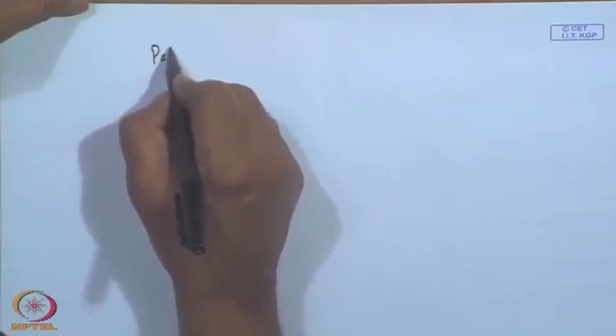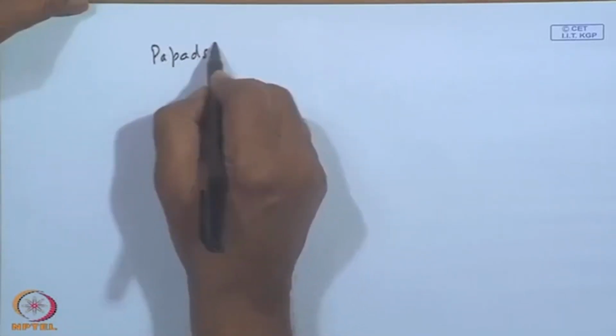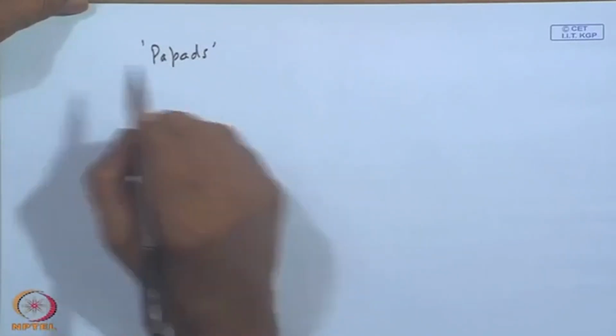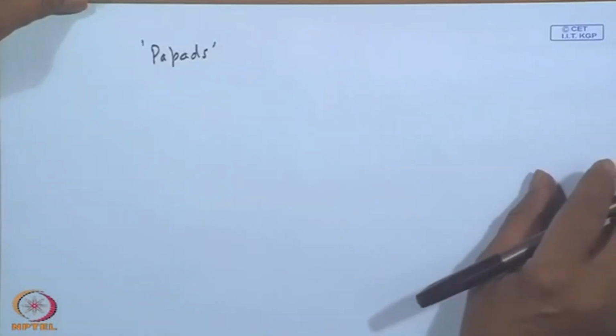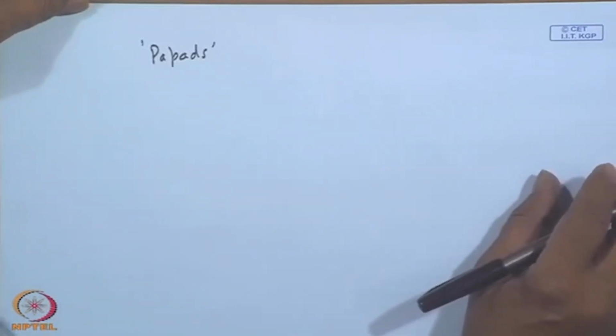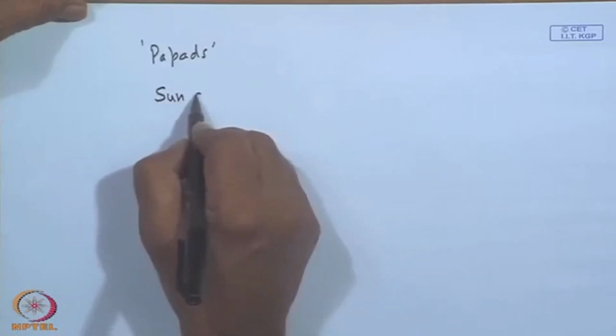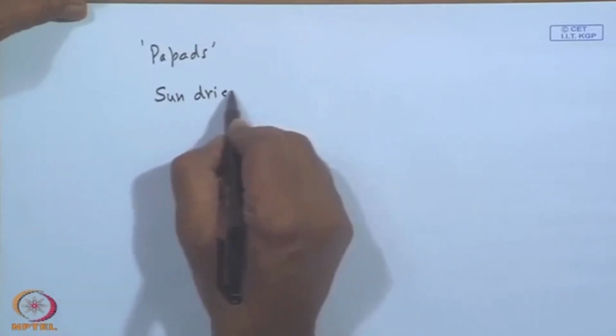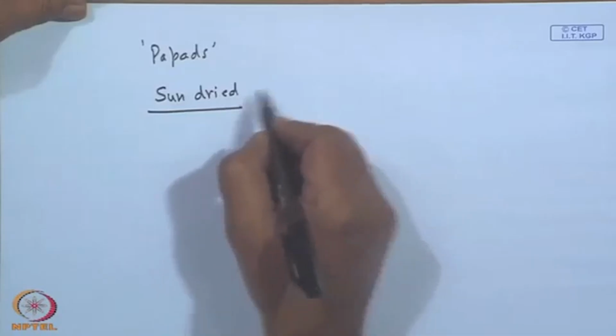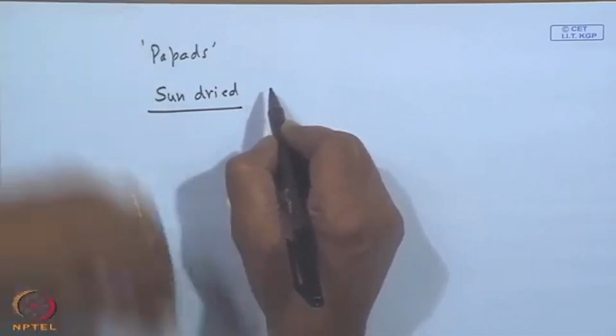And if you look at the good old days, say for example, your appalams and any number of other durable food, edible items, they are sun dried. So, this is a passive solar application.